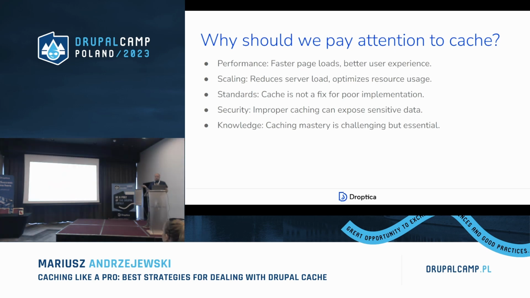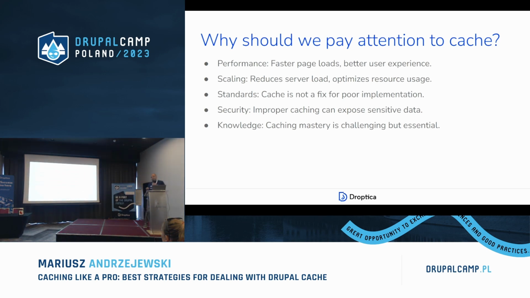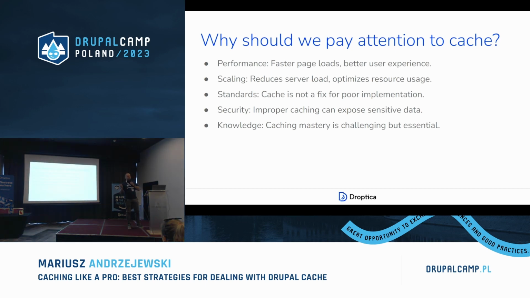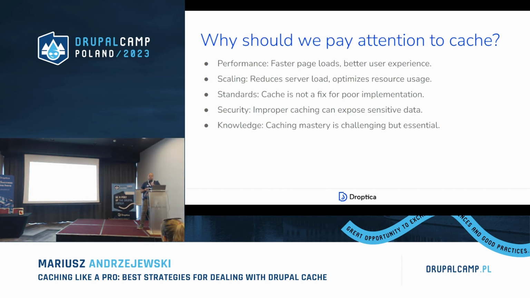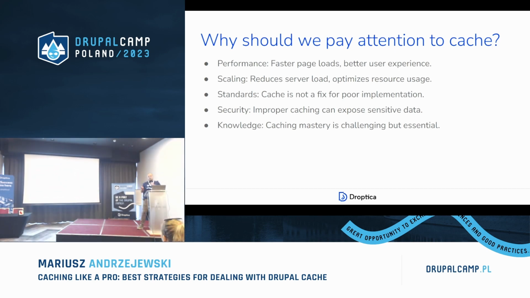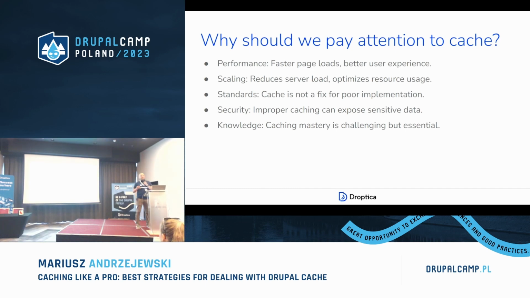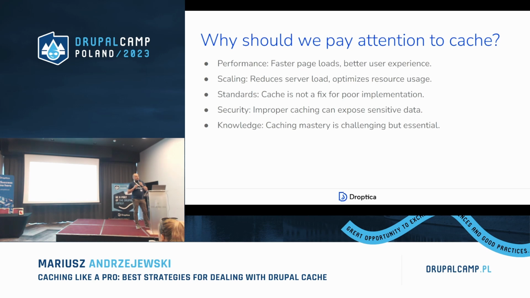Of course, the security. Improperly implemented caching can expose sensitive data. I had a situation during development, so it was not production, but still we had a demo for a client, and there was an issue with a block which displayed the username, the user email, and so on, and we didn't get the correct caching on that block.